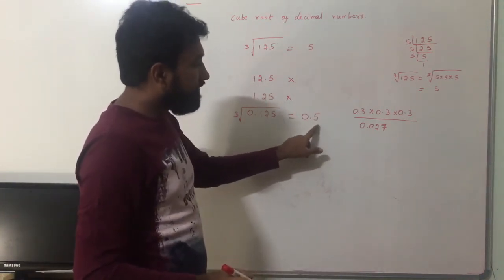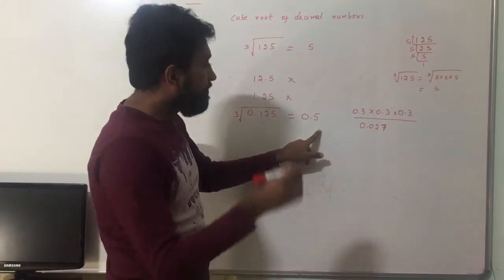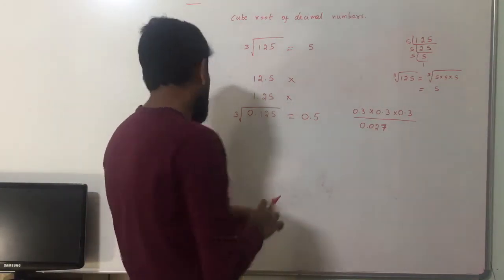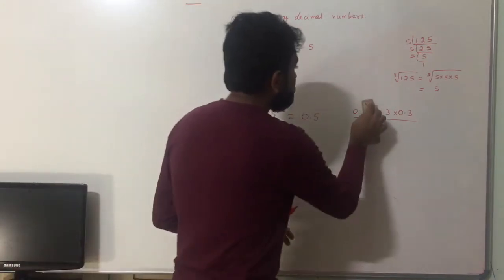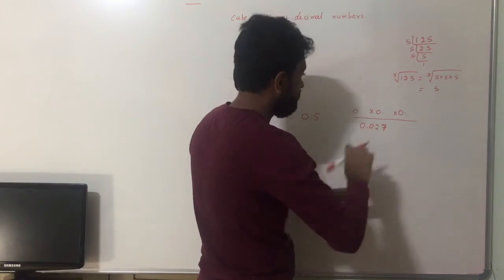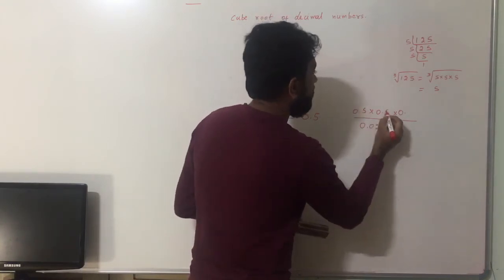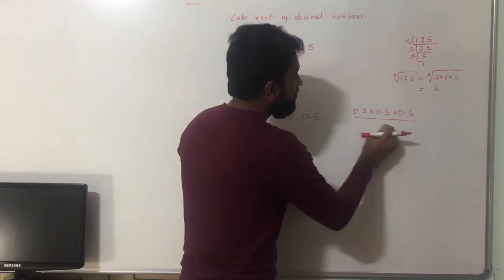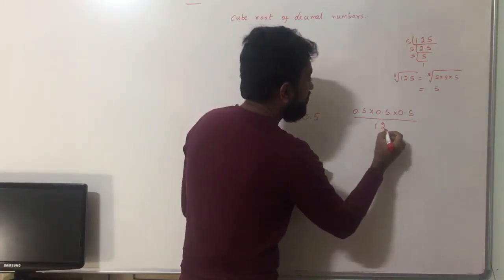5 into 5 into 5 gives me 125. 0.5 into 0.5 into 0.5 will give me 0.125. And 5 into 5 into 5 is 125.